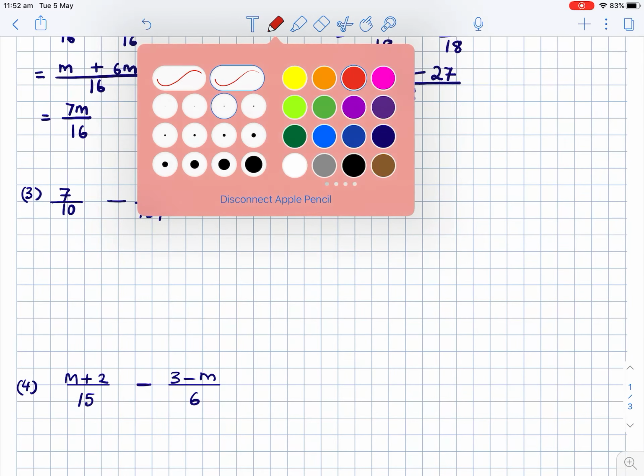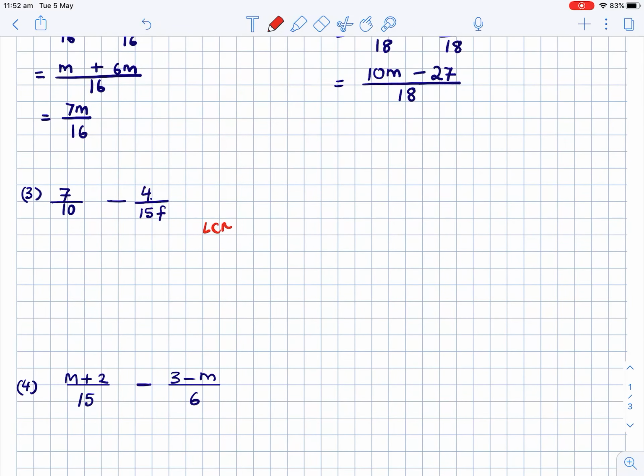In question number 3, LCM of the denominators 10 and 15 is 30, but there is also a letter included in the denominator of second fraction.